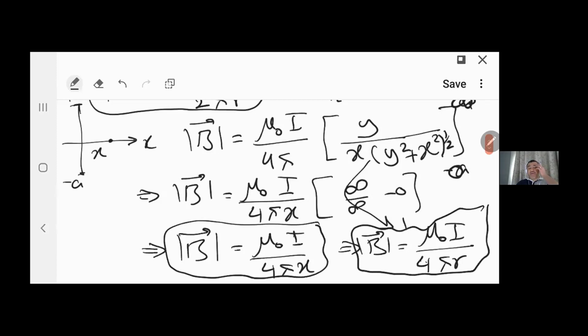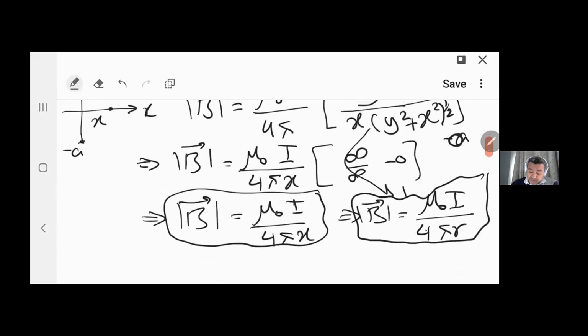So this is the magnetic field for a half infinite wire, which basically means a very long wire. However, I'm cutting it right at the middle, and I'm only considering half of it. So the point of interest is right at one end of the wire, and the other end is infinite.